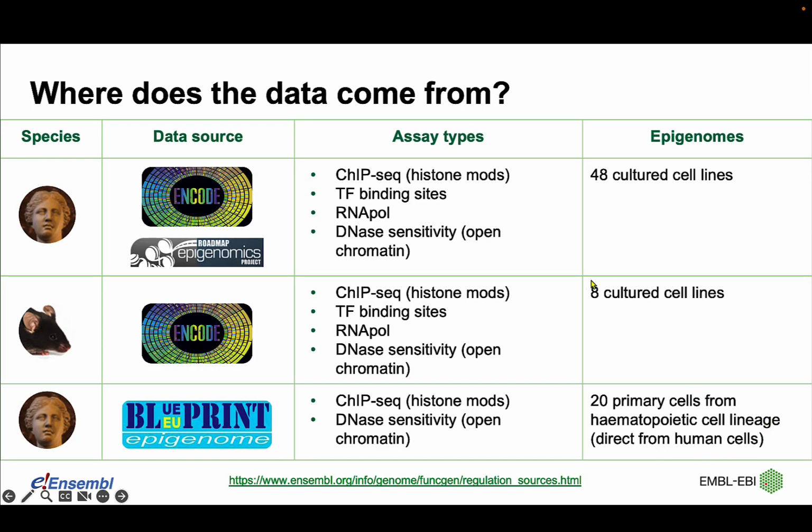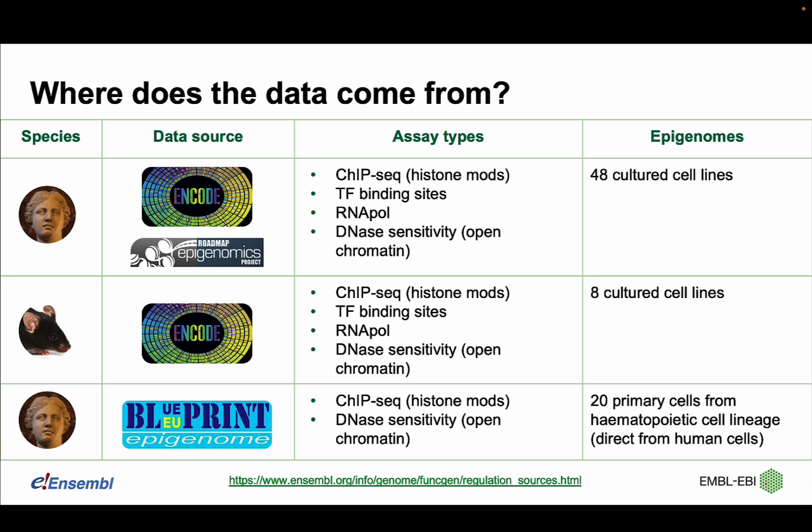There are three main projects where Ensembl takes regulatory data from. One is the ENCODE project, which looked at 48 human and 8 mouse cell lines, and it generated data that looked at histone modifications, transcription factor binding sites, RNA polymerase activity, and DNA sensitivity.